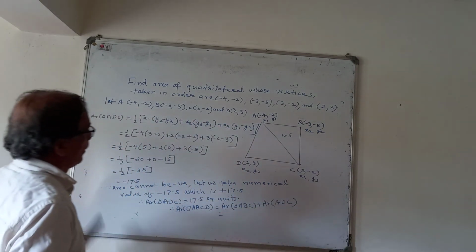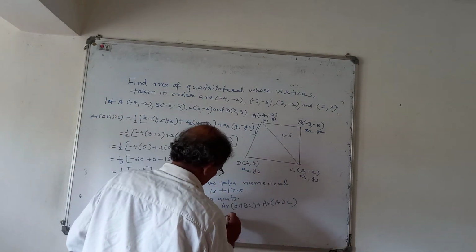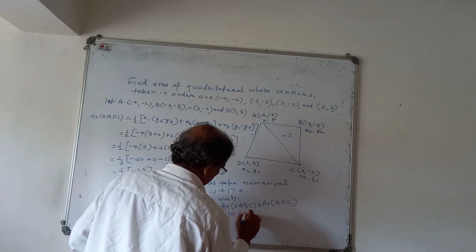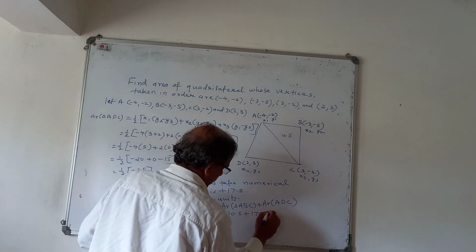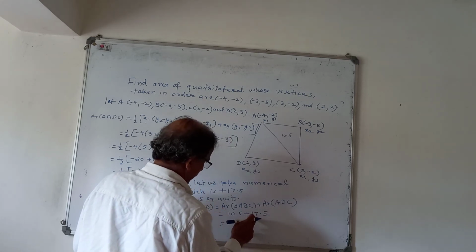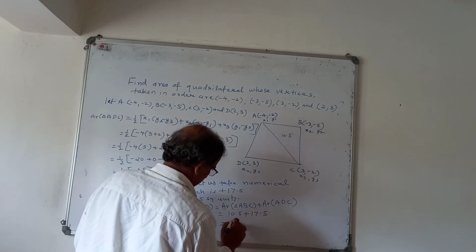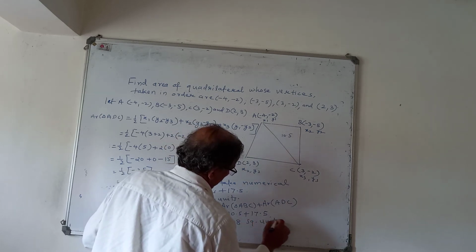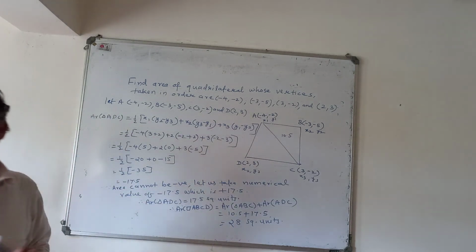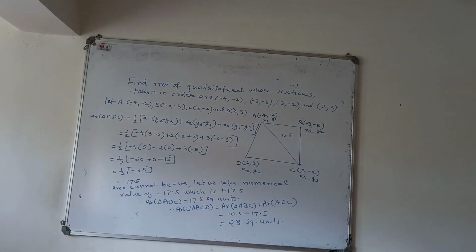That is, earlier we have this as 10.5 plus this is 17.5. That is 28 square units.